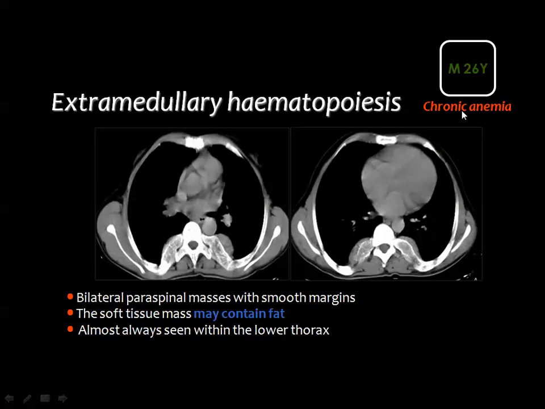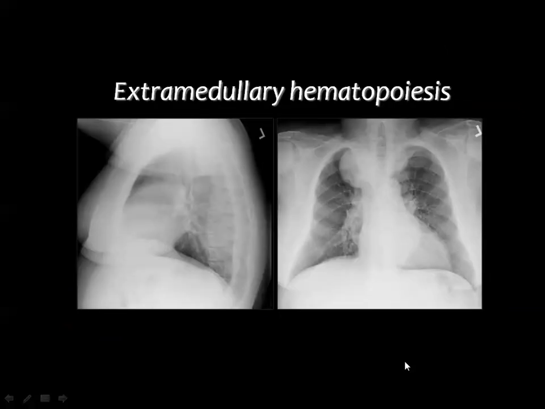In patients with chronic anemia, there should be evidence of bone marrow hyperplasia in the form of expansion and trabeculation, both of the ribs and the vertebrae. Then outside the ribs, you can see these soft tissue shadows, which represent the extramedullary hematopoiesis.